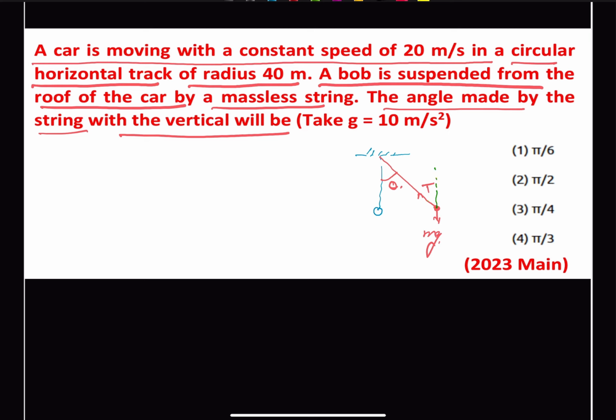So this angle will be theta, so we have T cos theta, and T sin theta, and there will be a centripetal acceleration, which is mv square upon r.